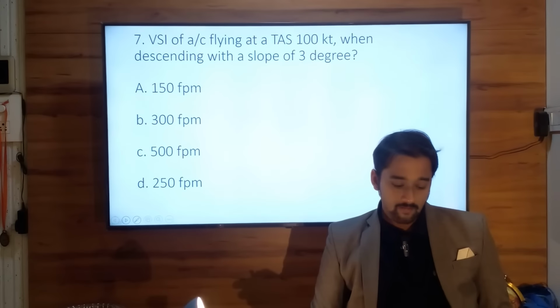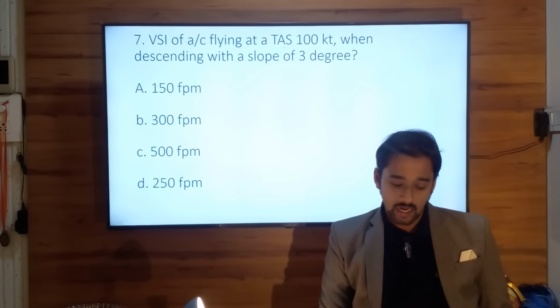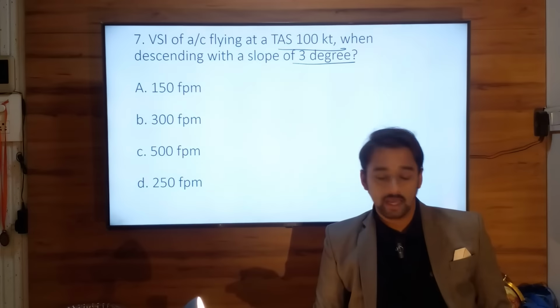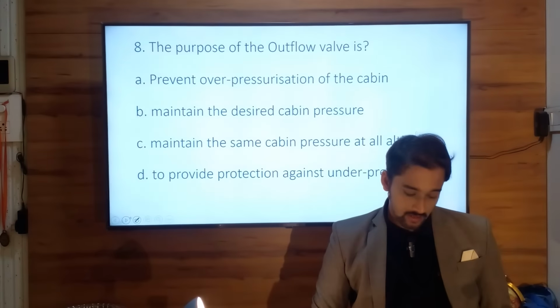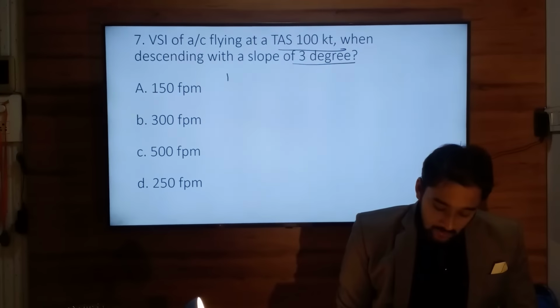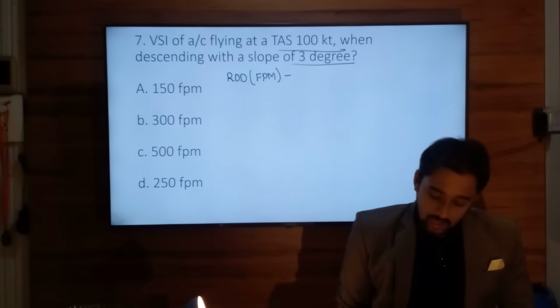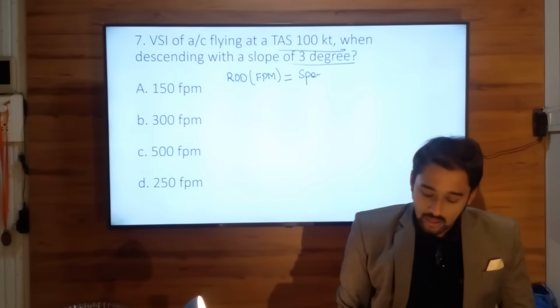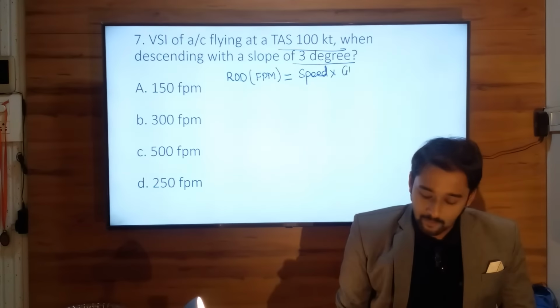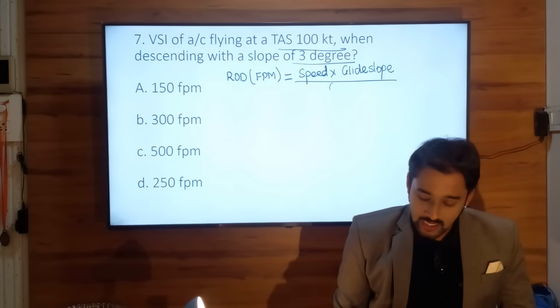Question 7. Your vertical speed indicator is 100 knots, glide slope is 3 degrees. What is the rate of descent? So the rate of descent formula is feet per minute, speed into glide slope divided by 60.